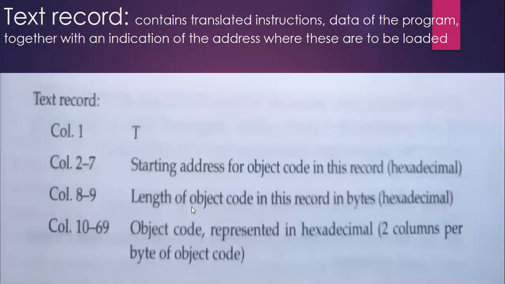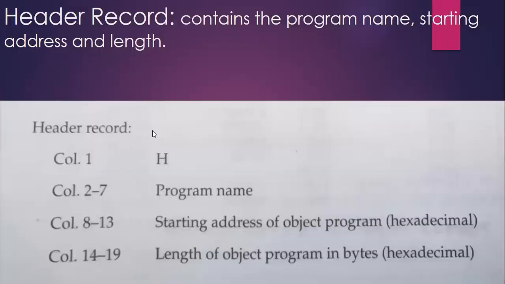The name of this program is COPY, same example we are considering. Then columns 8 to 13 hold the starting address of the object program. In this example, 1000 is the starting address.